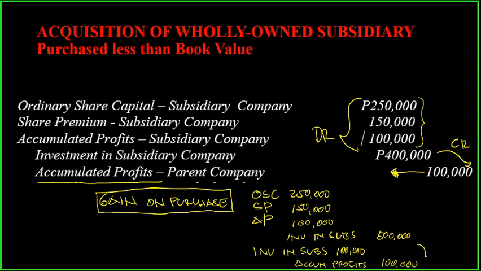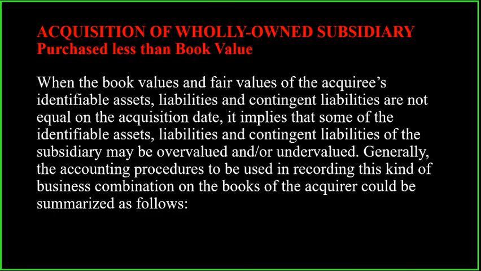Now, this entry is to recognize the gain on acquisition or gain on purchase. Now, if you notice, this is standard. What about this? If you're going to record goodwill, debit goodwill and credit investment in subsidiary. But because it's negative, debit investment in subsidiary and credit your accumulated profits. If negative goodwill were still in use, we would credit negative goodwill, but it's no longer used. It's outdated.